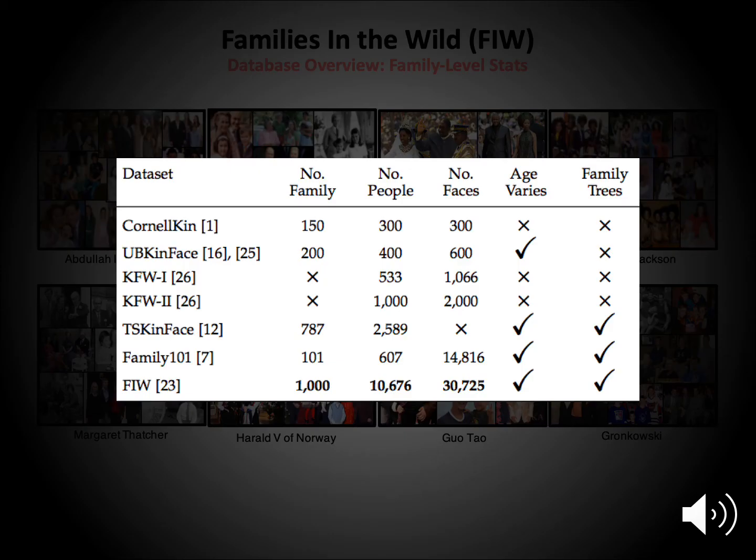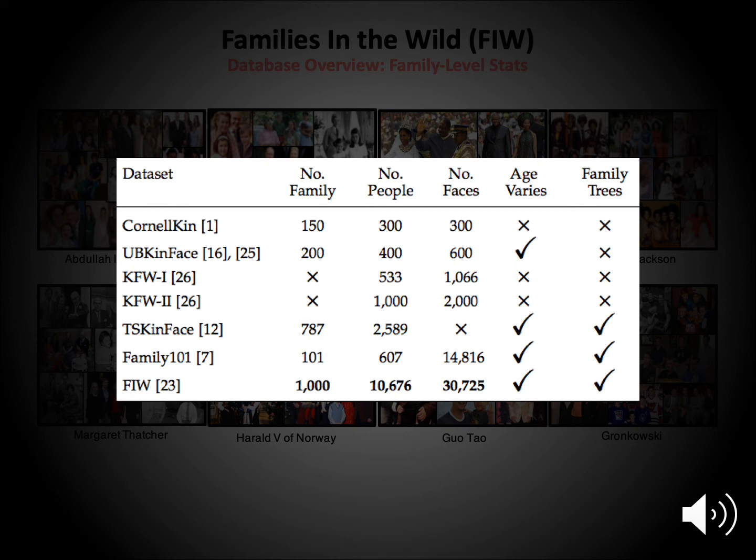In terms of numbers, you can see here in the bottom row, compared to existing datasets, we have 1,000 families, which is much more than any prior. It's comparable to TS Kinface, but TS Kinface is a different kind of family. TS Kinface has tri-subject pairs, meaning father, mother, child, and essentially they have a different family for each tri-subject pair.